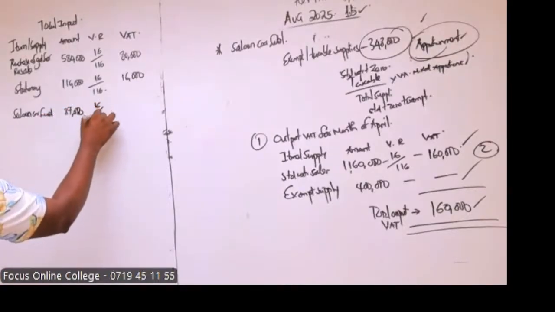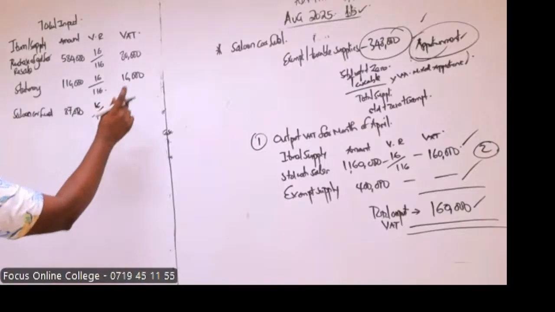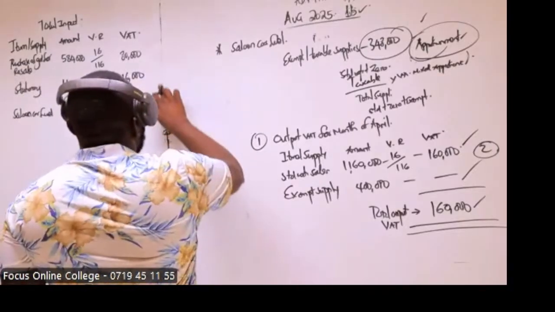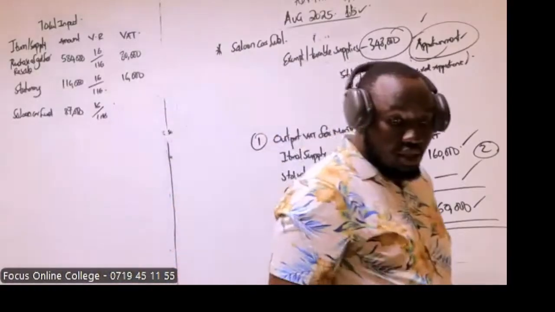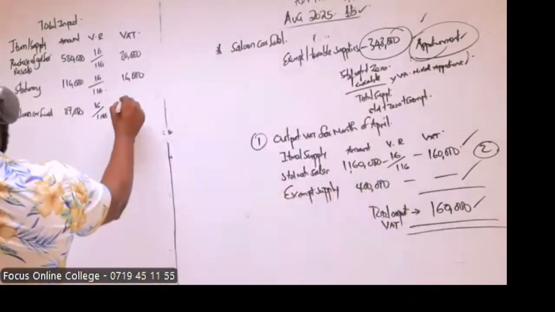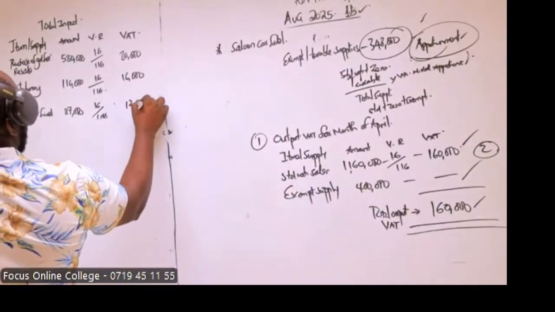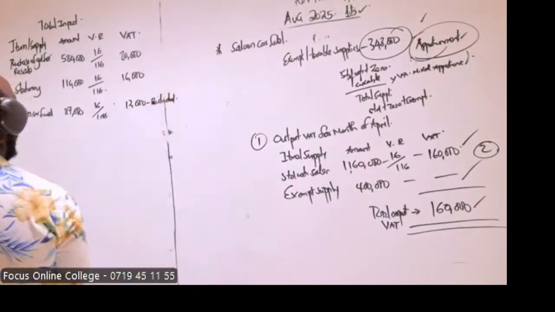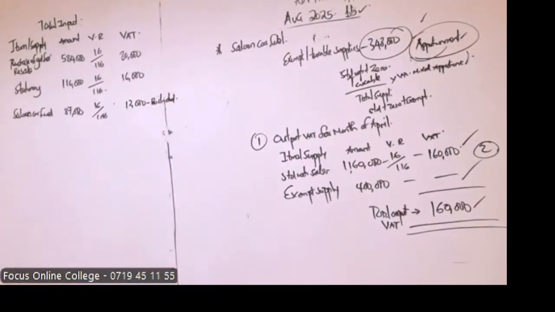Get it? What does it give us? Just note 12K here. This is one of the restricted items, based on the VAT Act, non-deductible or restricted. Then we have the next, entertainment.